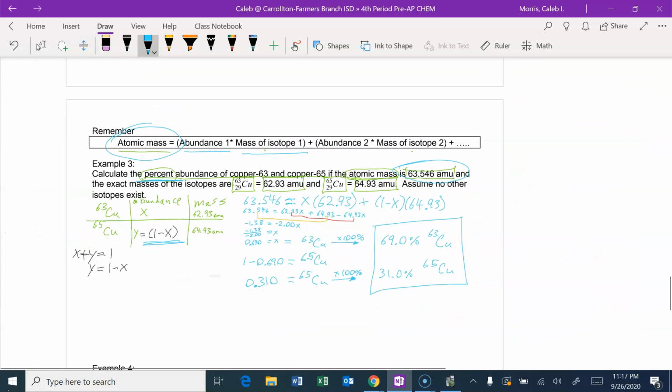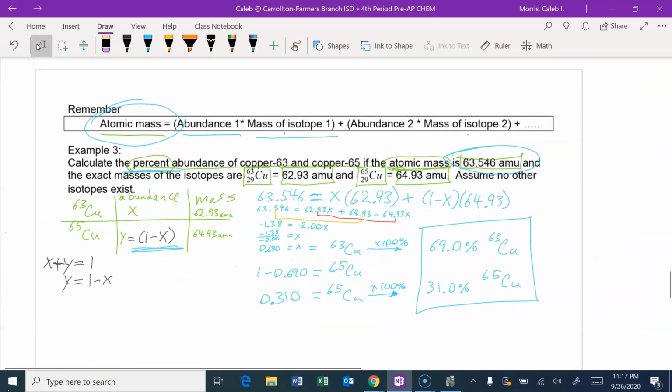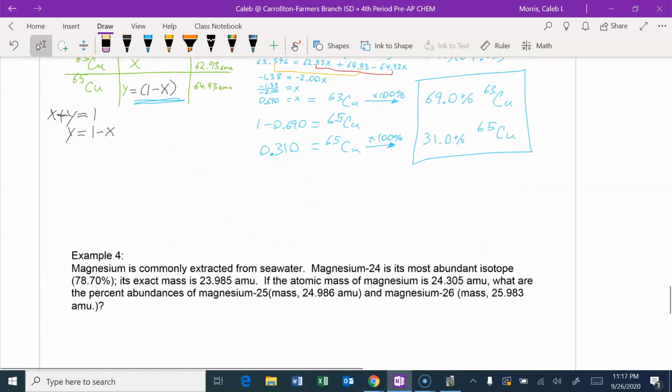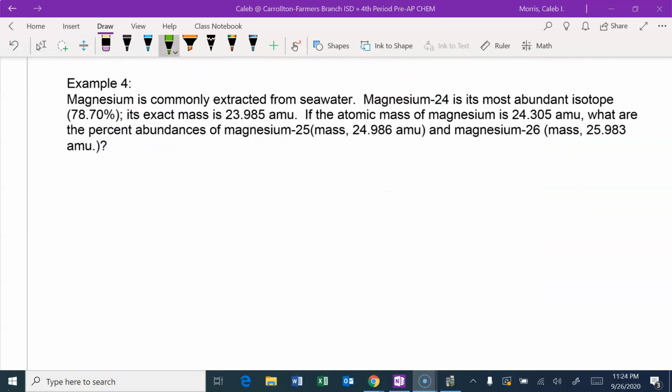If that makes sense to you, go ahead and try the next example using the exact same technique. You can pause the video here and check your solution. You may have noticed, if you've paused the video and tried this out, that this problem is a little bit different. So let's look at a notable difference.